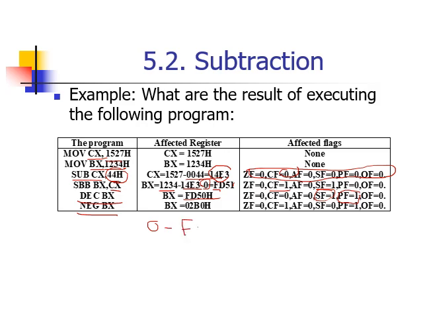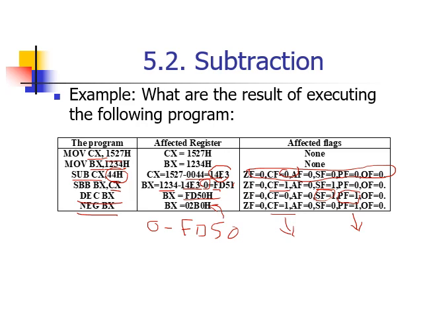0 minus FD50. You will get this result. And a borrow is going to be needed. This is why your CF is set. And you count the ones, the number of ones in your result. The number of ones will be an even number.